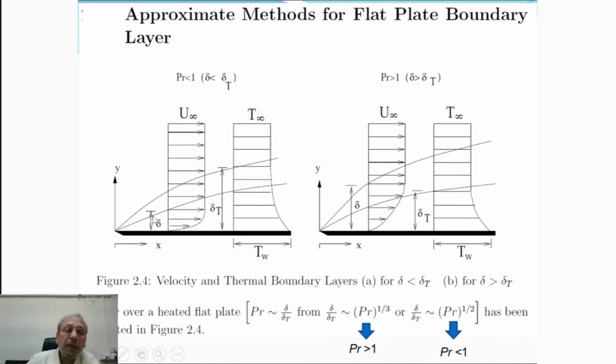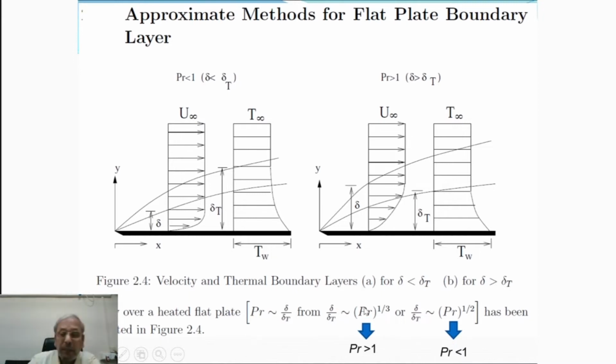hydrodynamic boundary layer, that is the velocity boundary layer, and the temperature boundary layer, which is the thermal boundary layer, for the cases of Prandtl number less than 1 and Prandtl number greater than 1. Depending on whether Prandtl number is less than 1 or greater than 1, we know that delta and delta T are related.